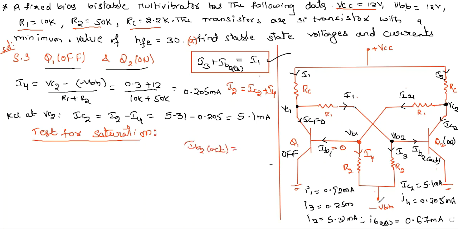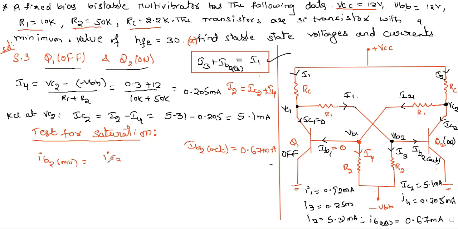The actual current flowing, IB2 actual, is 0.67 milliamps, as we already calculated. But there is a minimum current required to enter the transistor into saturation.